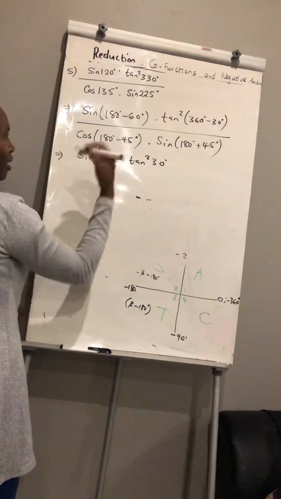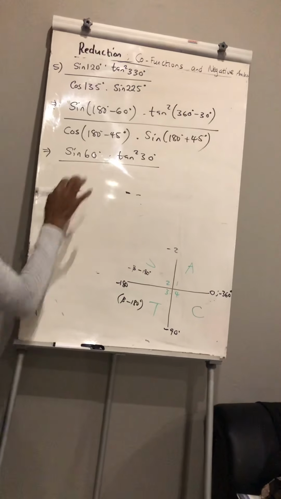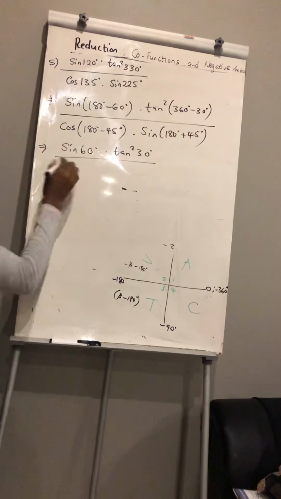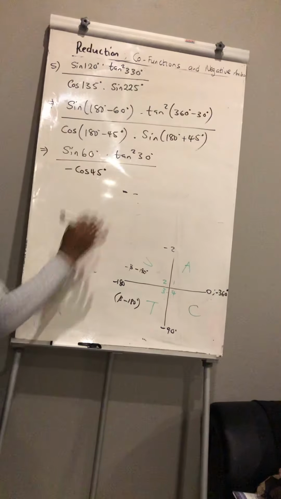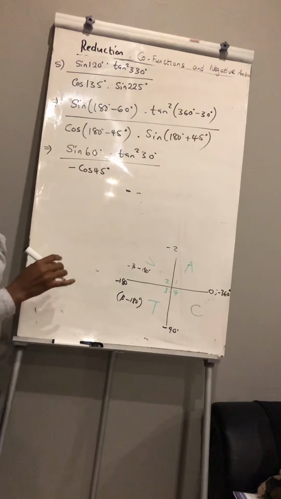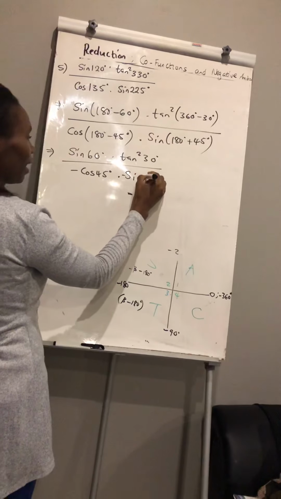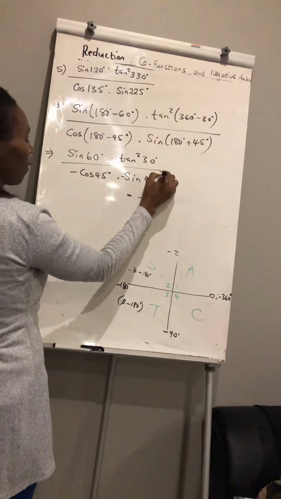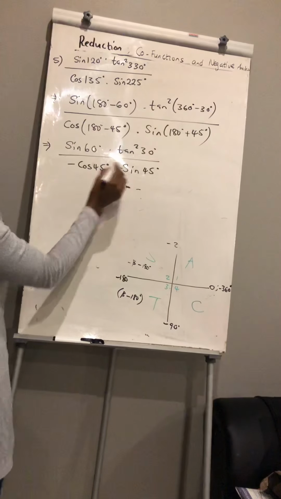So a square is a good thing. Right? Second quadrant, cosine is negative. Third quadrant, sine is negative again. Alright, so this should work.